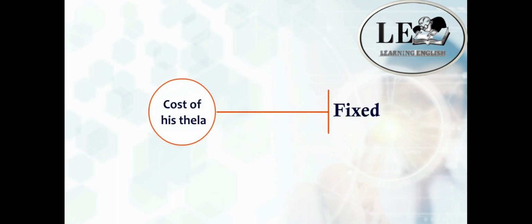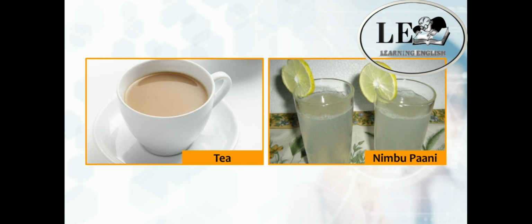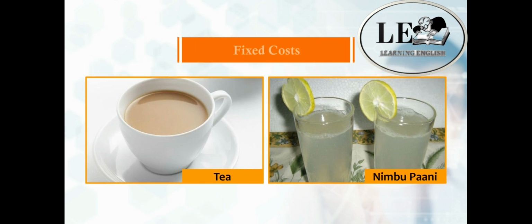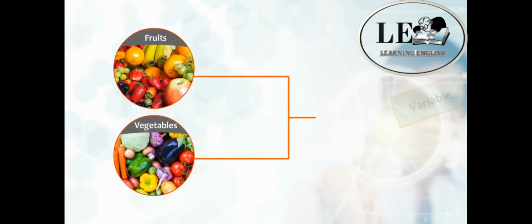For Raju the thela wala, the cost of his thela is fixed because it does not depend on how much fruits and vegetables he sells. The cost of fruits and vegetables sold is variable because it varies with how much fruits and vegetables he sells.